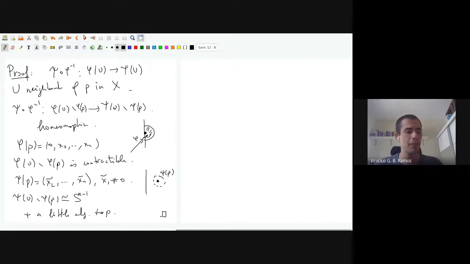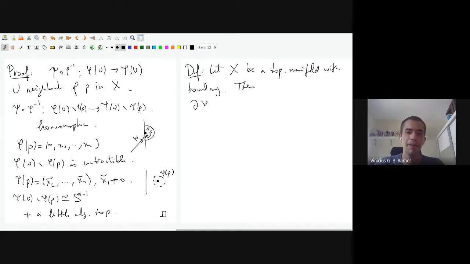So what this leads us to is that now we can actually define what the interior and the boundary of a manifold with boundary are. Definition: let X be a topological manifold with boundary.